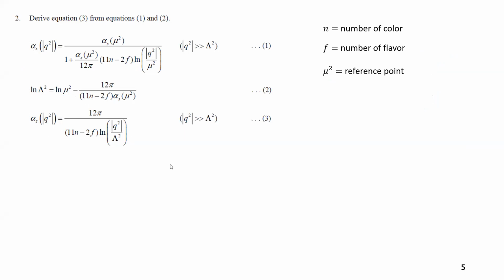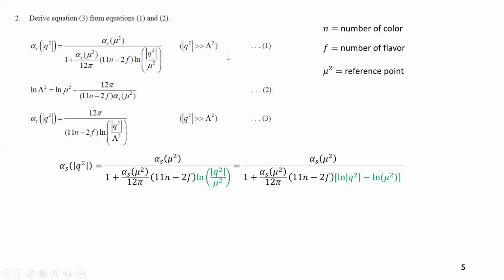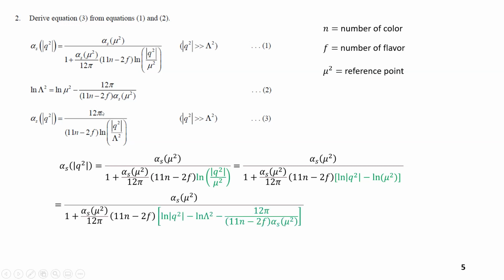It's quite straightforward. We just pick equation 1 and break down this log. Then we substitute equation 2: we substitute this log mu square by log lambda square and this 12 pi over alpha s.